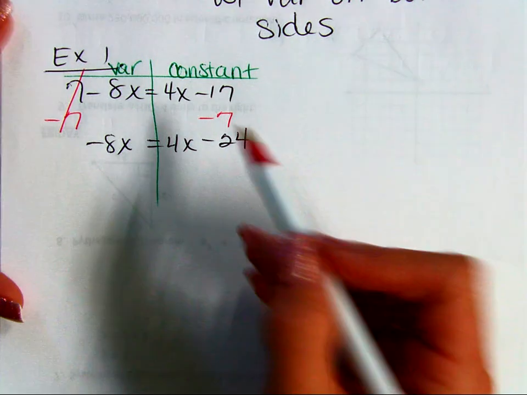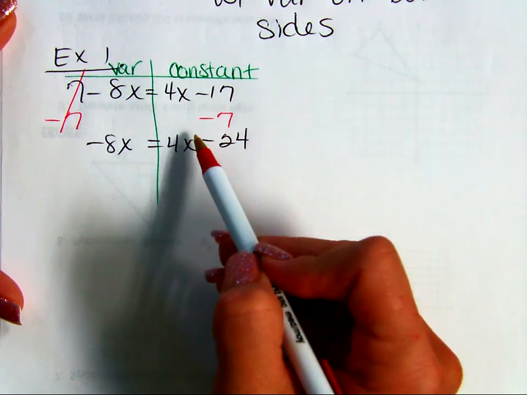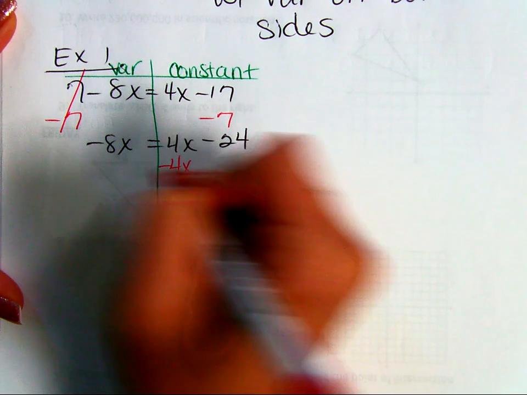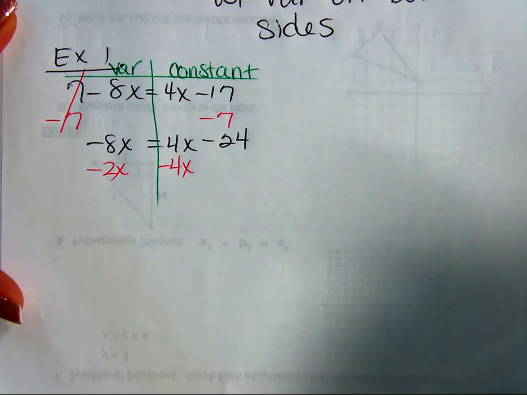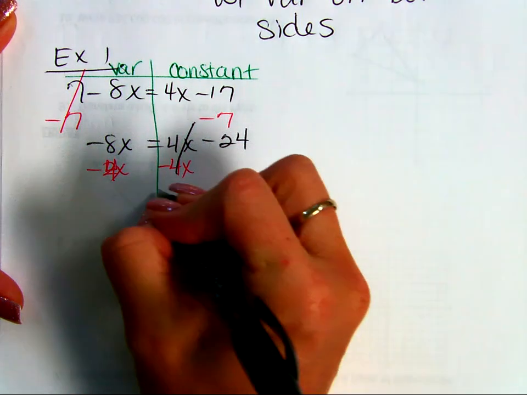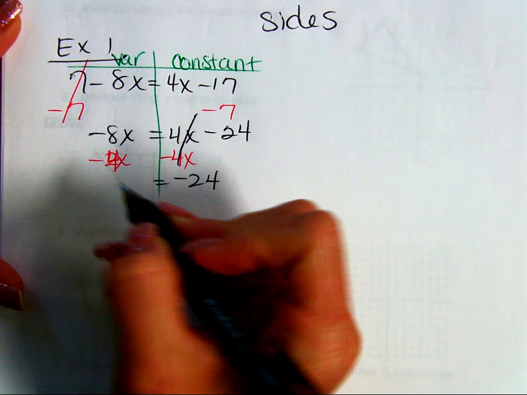Now what doesn't belong? We're all set over here. This is the constant, but it has a coefficient with a variable, so let's cancel that out next. Oops, I did that in first hour too. Thank you. And then this cancels out. That leaves me with negative 24 and a negative 8 plus a negative 12.